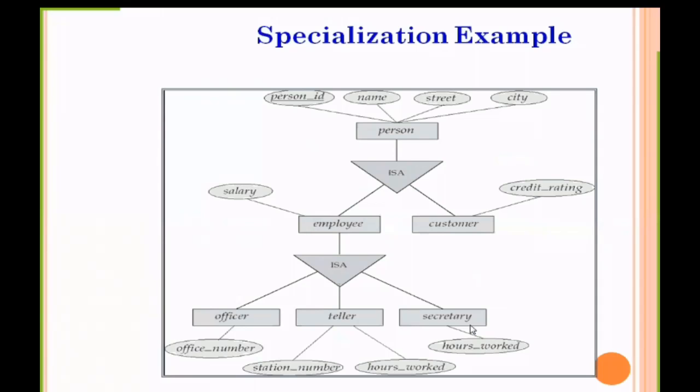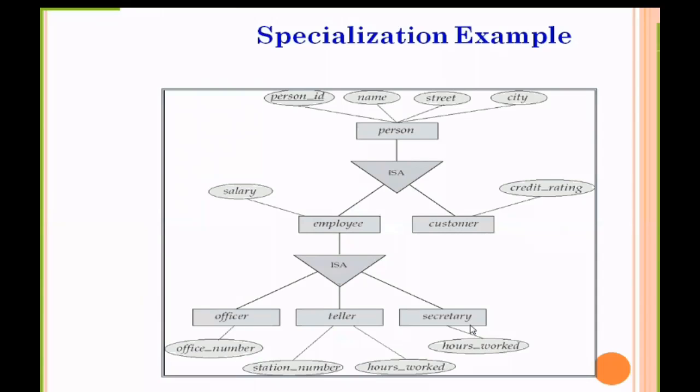This is specialization. The person class is a general class, but as we come down and make the employee class special, we add one more property to it, that is salary. Similarly with the customer, because customer is also inheriting the properties of the person class.